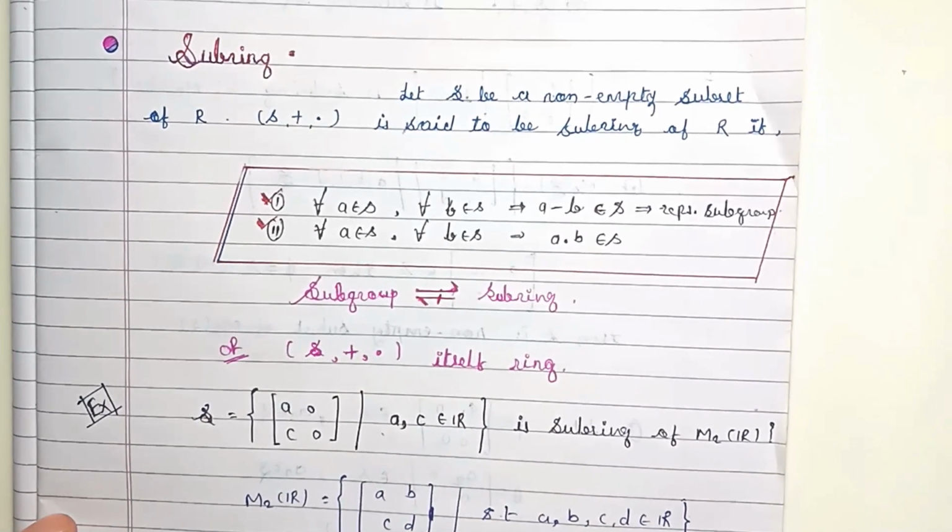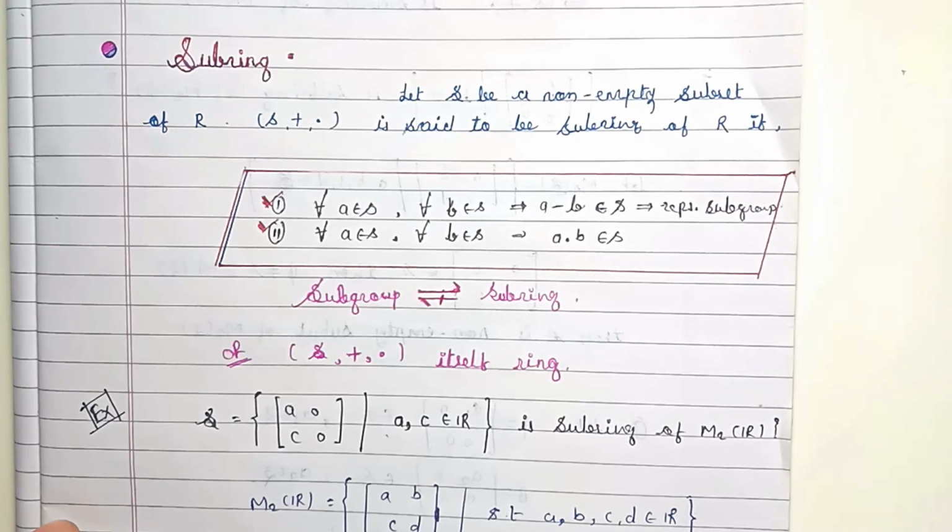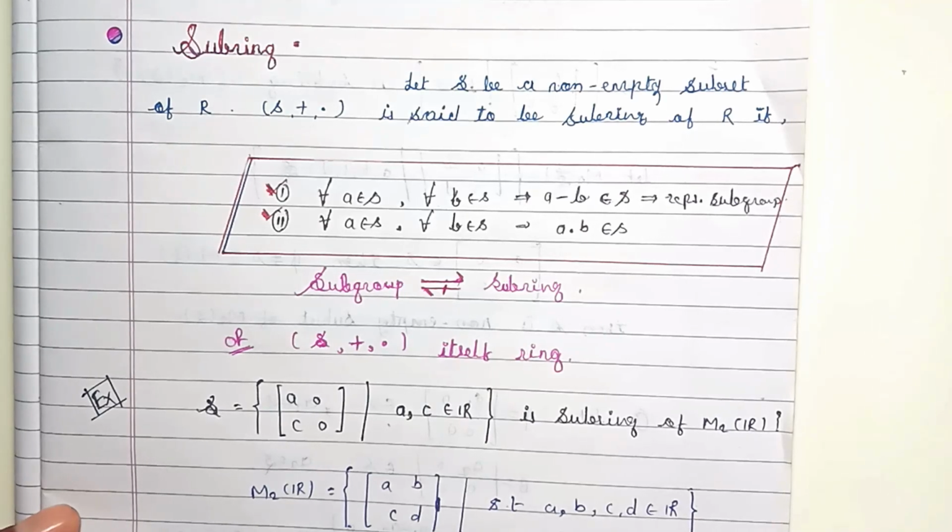Always remember, if you want to prove a subring, we need to take two elements from S. Then we can easily show that a minus b and a dot b, the subtraction and the multiplication of those two elements, are in our subring.